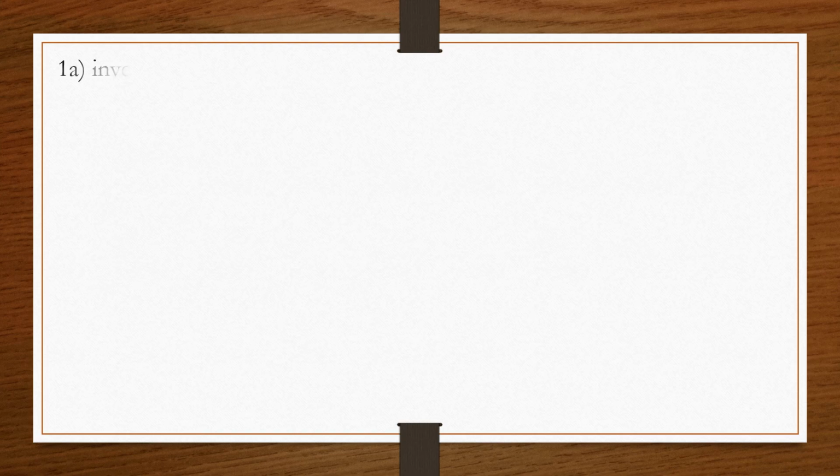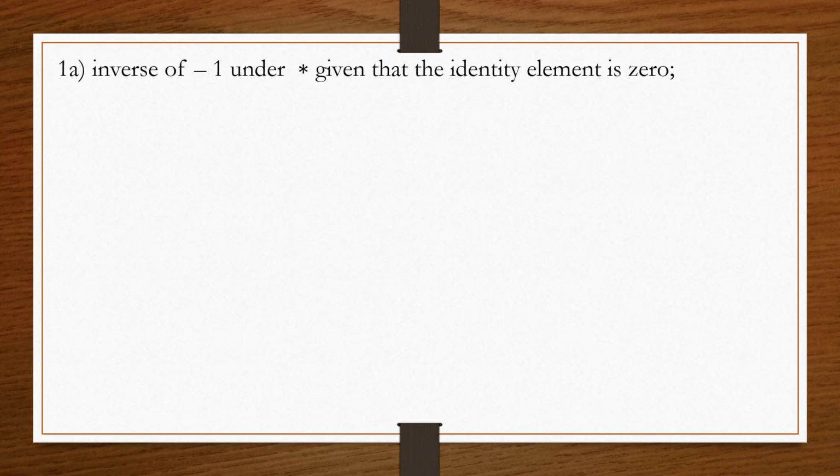Okay, let's solve number 1a. We are asked to find the inverse of minus 1 under operation star, and it's given that the identity element is 0. So we have P star Q equals P plus Q minus PQ all over 2.